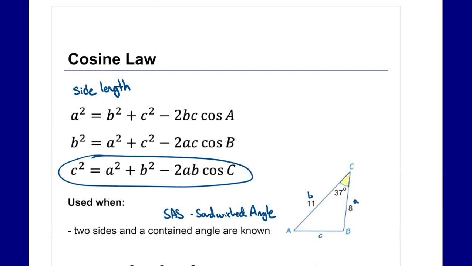So as long as you know one, you just recognize that you may have to change around the letters based on what you have, or even relabel the triangle so that it fits the formula or the law.